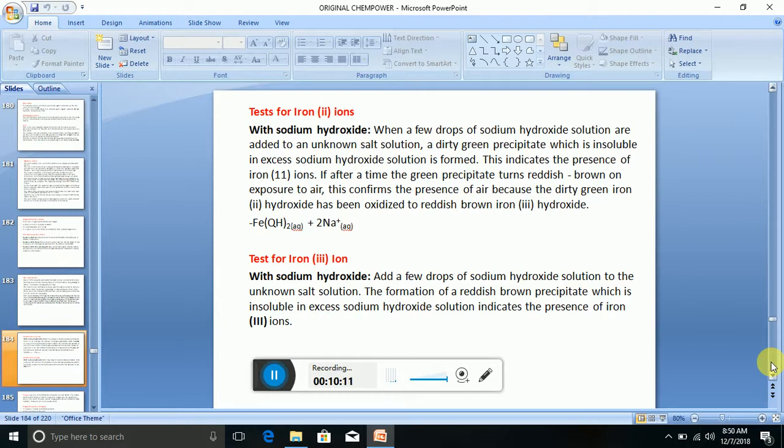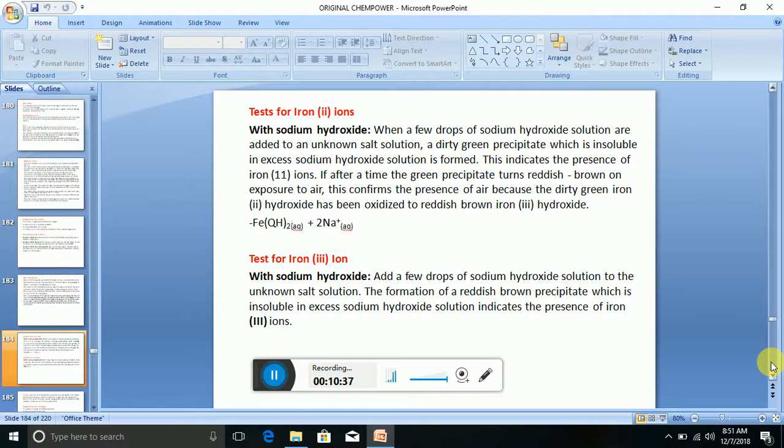This indicates the presence of iron(II) ion. If after a time the green precipitate turns reddish brown on exposure to air, this confirms the presence of iron(II) because the dirty green iron(II) hydroxide has been oxidized to reddish brown iron(III) hydroxide.